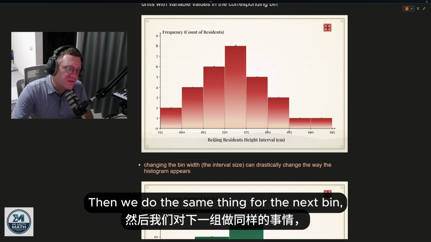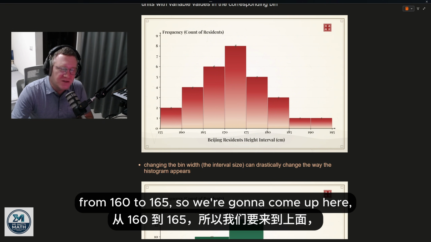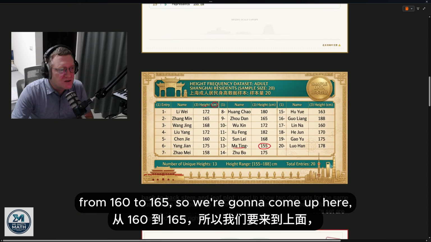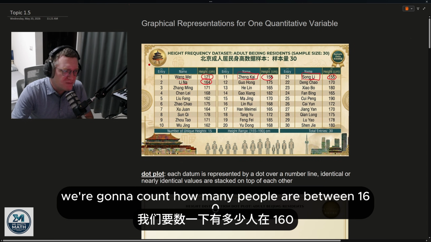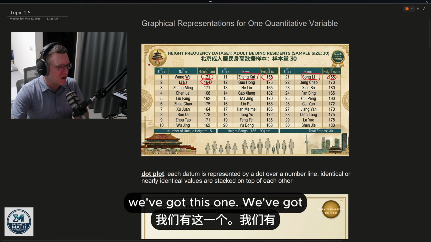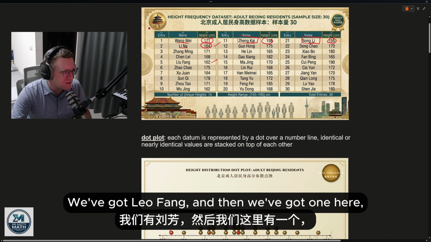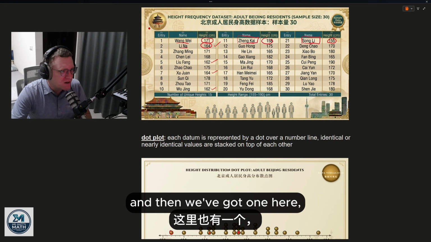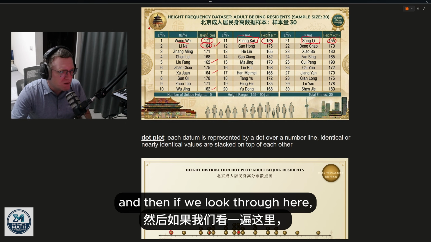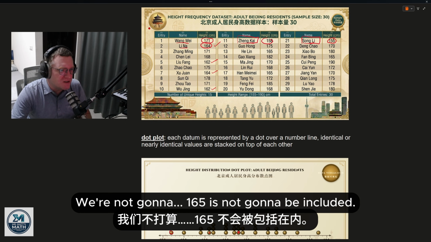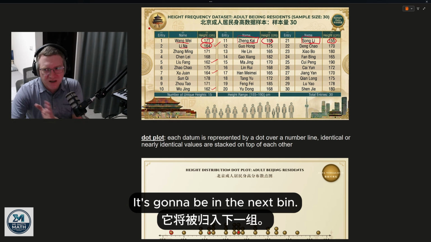Then we do the same thing for the next bin, from 160 to 165. So we're going to come up here. We're going to count how many people are between 160 and 165. Well, we've got this one. We've got a few others here. We've got Liu Fang, and then we've got one here, and then we've got one here. And then if we look through here, there's nobody. 165 is not going to be included. It's going to be in the next bin.